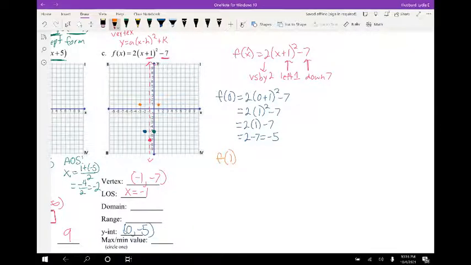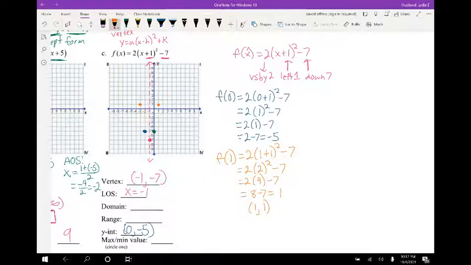You could have plugged in that x value of 1. You would have done 2 times 1 plus 1 squared minus 7, which would be 2 times 2 squared minus 7. We do the squared first because of PEMDAS. So 8 minus 7 is 1. And again, you would still get the same point of 1, 1.